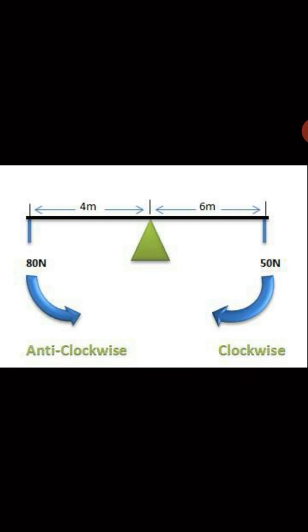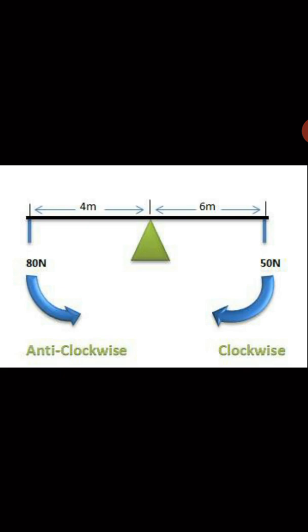For clockwise you can see force is given in newtons as 50 and the distance is 6 meter. So clockwise moment is 50 times 6, that is 300. 5 sixes are 30. So 300 newton meter will be the moment of force clockwise.